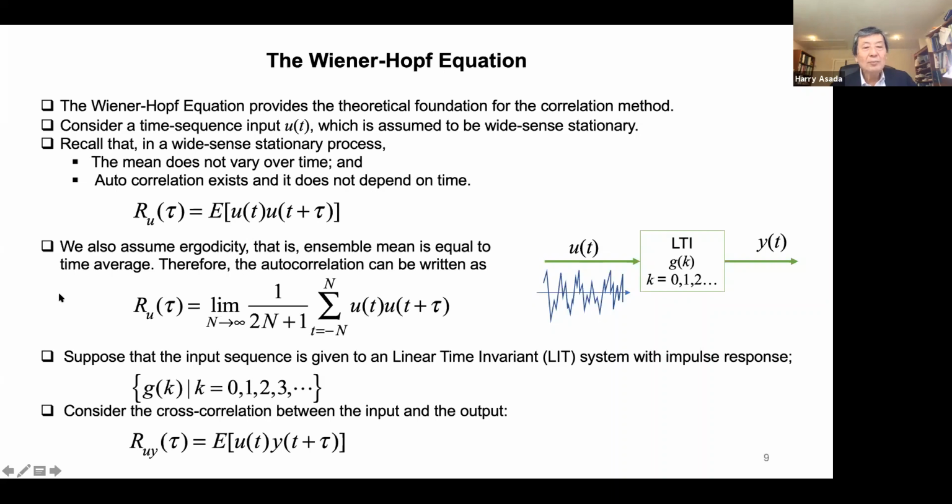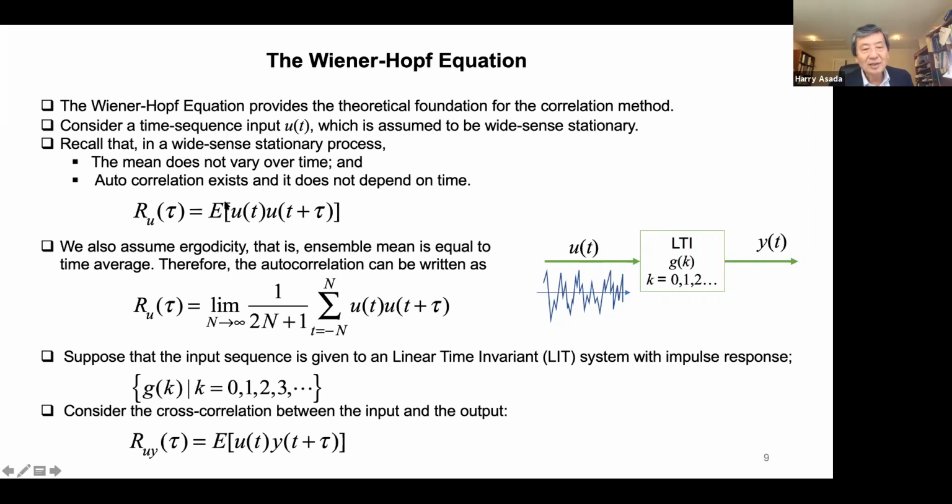Now we assume one more, a very mild assumption, that the process is ergodic. Remember ergodicity? If you look at the definition, the expectation involves UT plus tau times the joint probability density of UT and UT plus tau, and then we take the integral. That is the ensemble mean.